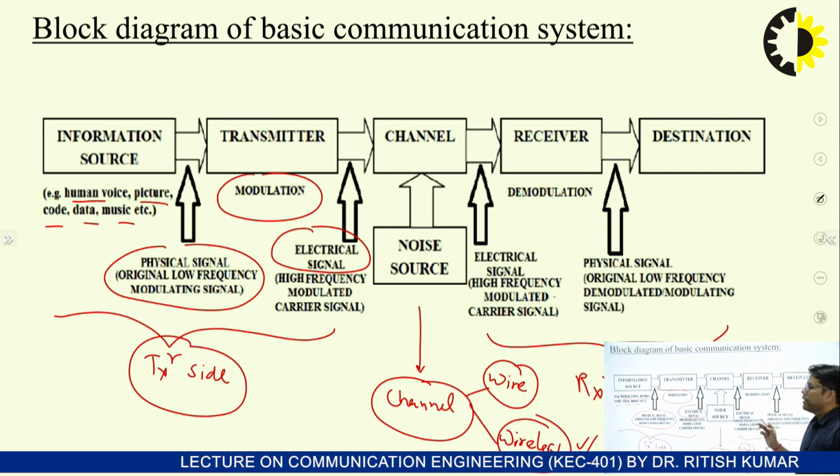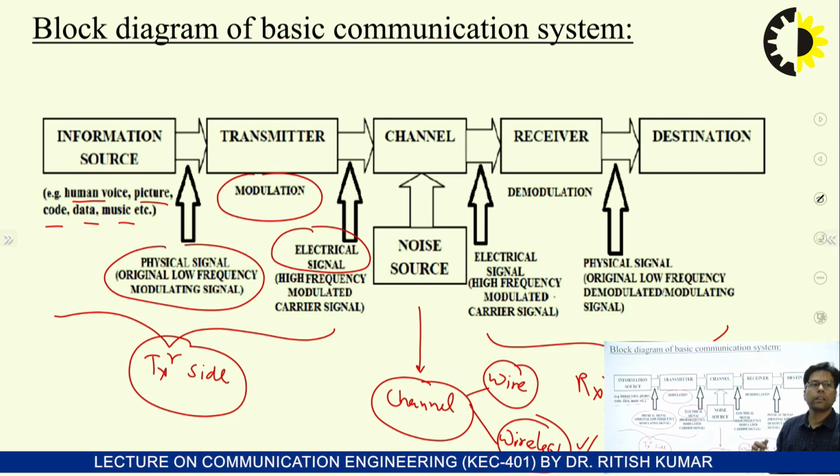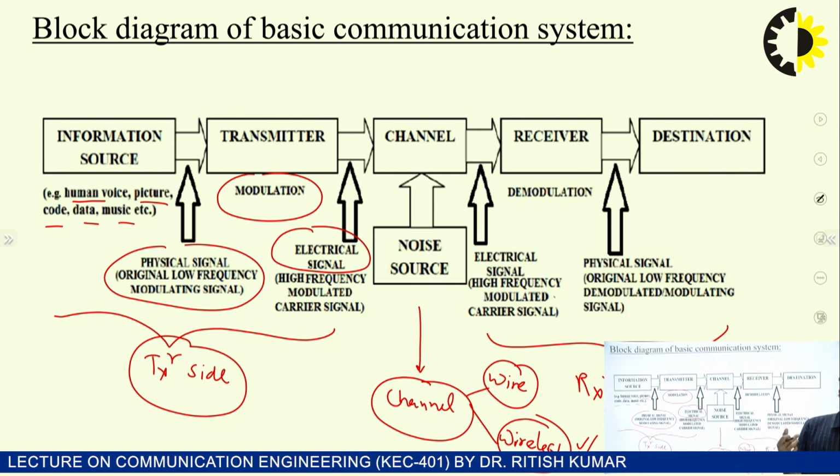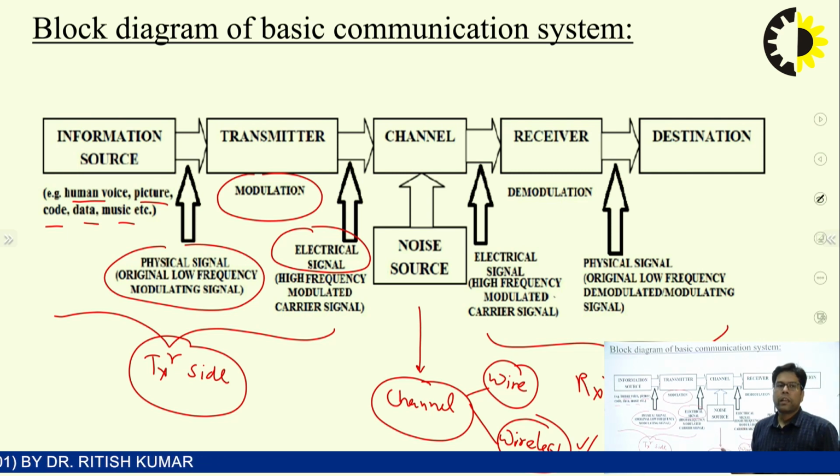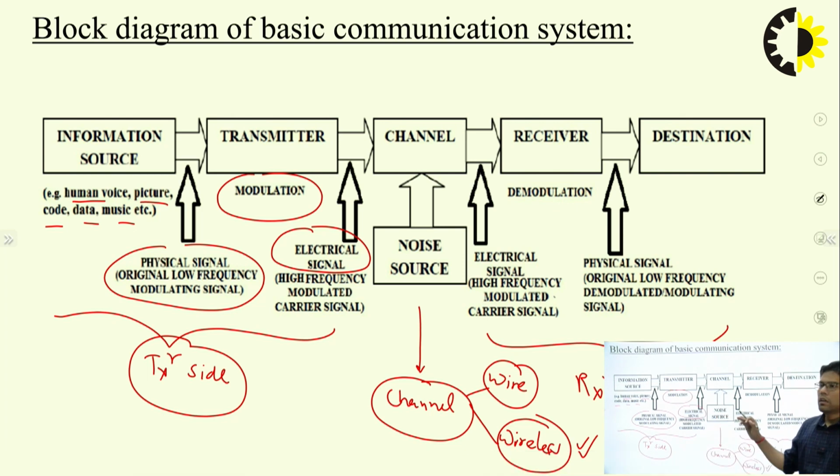So antenna converts the electrical signal into the electromagnetic wave. So we can say antenna is nothing but a kind of transducer which converts the electrical signal into the electromagnetic waves, so that these waves can be transmitted in the free space. So wireless communication is also called free space communication.